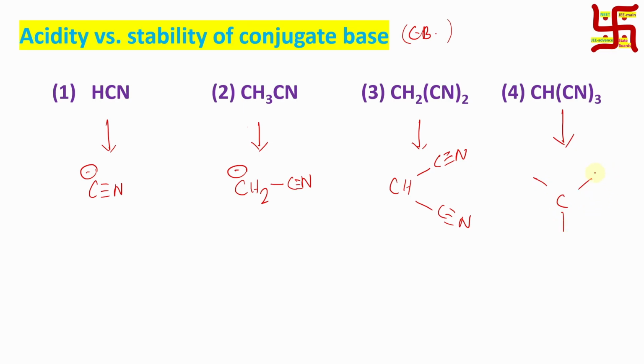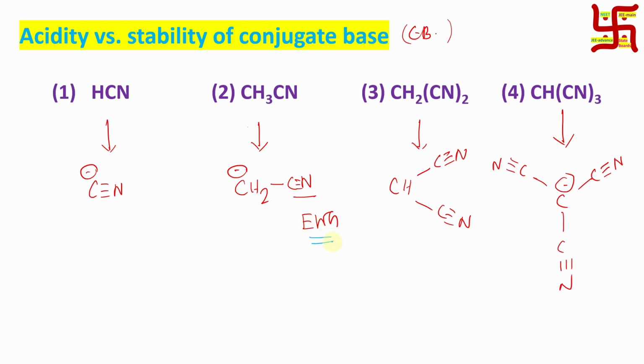If you look here, electronegative groups, for example cyano, which is an electronegative group, are attached to this carbanion. From example 2, 3 to 4, the number of these electron withdrawing groups increases as you move to the right side.